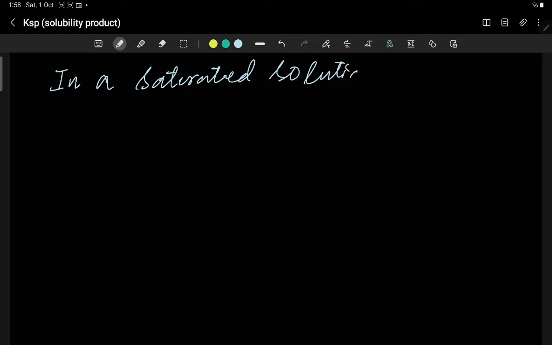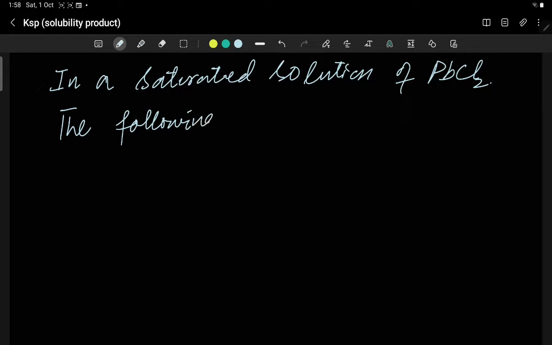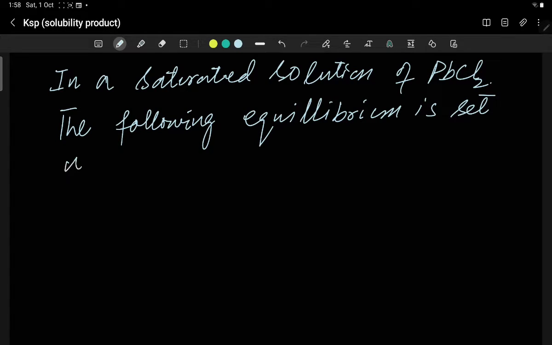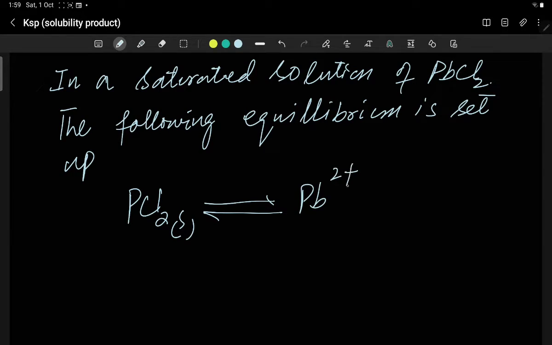So there is another example. In a saturated solution of lead chloride, the following equilibrium is set up: PbCl2 solid in equilibrium with Pb2 positive plus 2Cl negative.